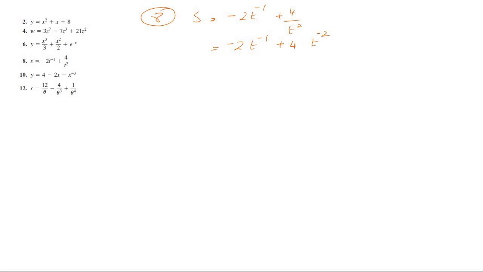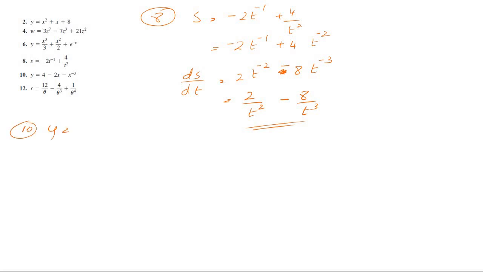So we do ds over dt is equal to 2, you multiply this by 2, t to the minus 2, plus 4 times minus 2 is minus 8t, and we subtract 1, so minus 2 minus 1 is minus 3. So if you write it out well, we'll see 2 over t squared minus 8 over t to the power 3.